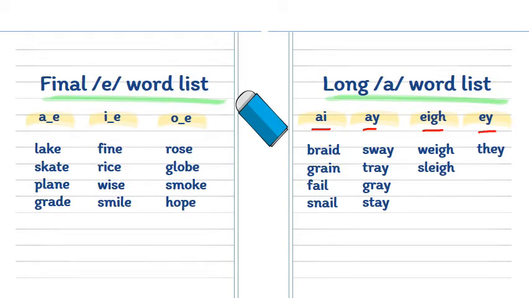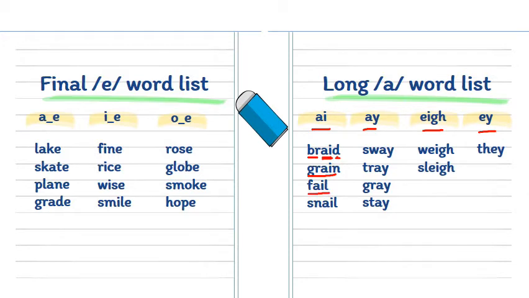For AI, I have the word braid, b-r-a-d. So here, br is the beginning sound, a is the middle sound, and d is the ending sound. Grain, I say the A sound in the middle of grain.